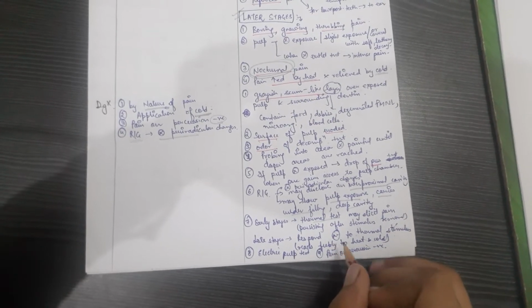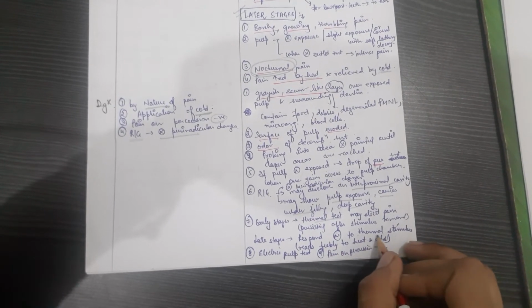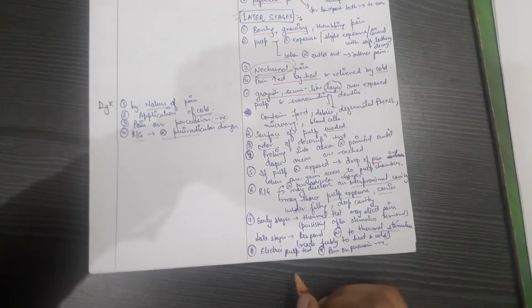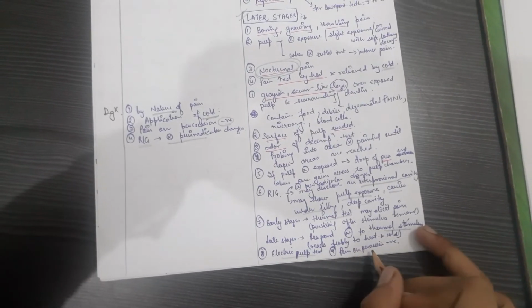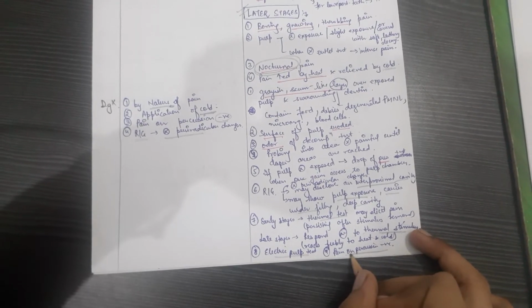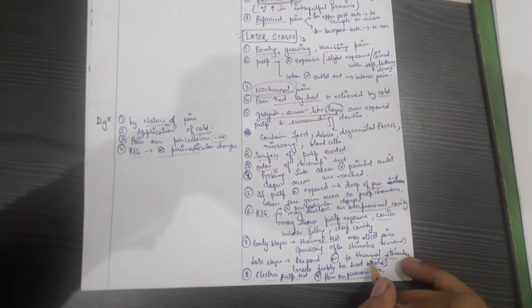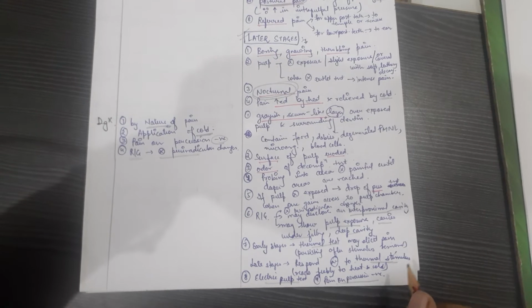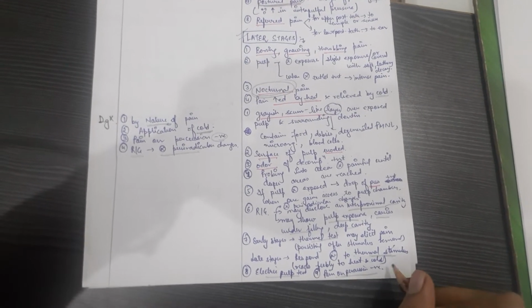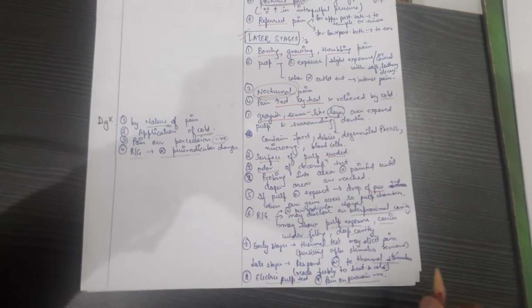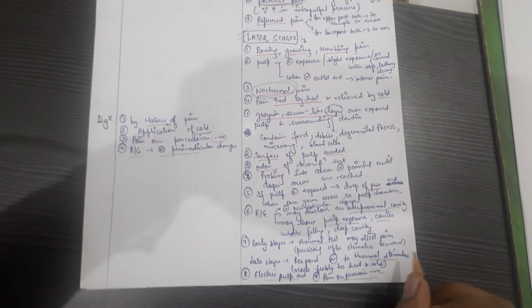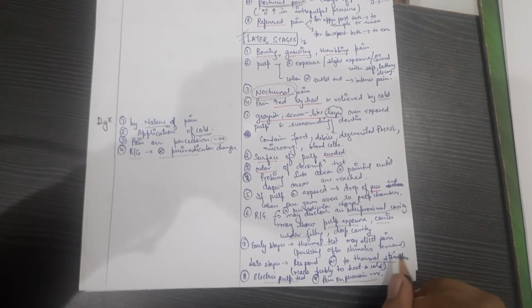In late stages, it responds normally to thermal stimulus. Then diagnosis can be made by electric pulp test, and pain on percussion here is also negative because it is a disease of the pulp, and in pulpal disease the percussion test or tenderness on percussion is negative. Tenderness on percussion is always positive in case of periradicular diseases.